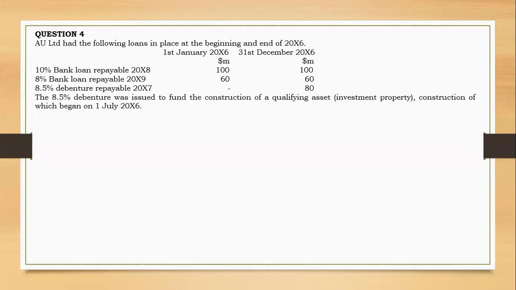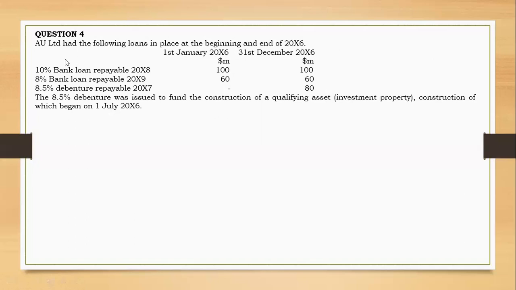Now, it means that these 8.5% debentures would bring borrowing costs that are specific borrowings because they were acquired specifically to fund the construction of investment property, probably a building. So this one is obviously a specific borrowing.